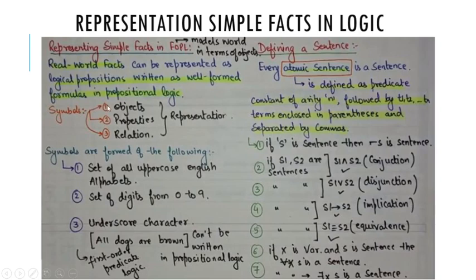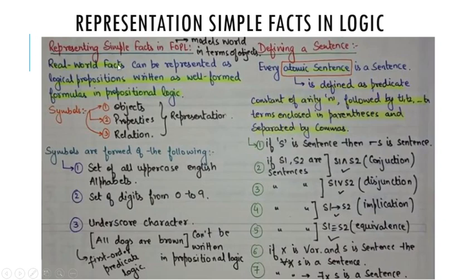So here the whole thing, that is, simple fact representation, is ultimately FOPL, that is, first order predicate logic, right? That doesn't show the direct sentence or the direct meaning of the sentence, but ultimately shows the formula that is behind the sentence, right?